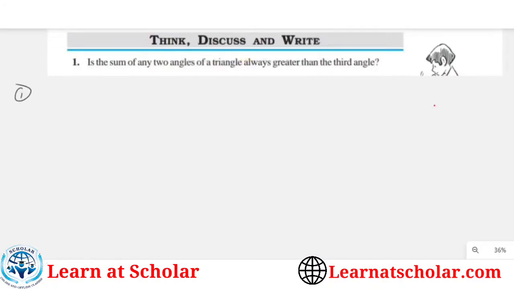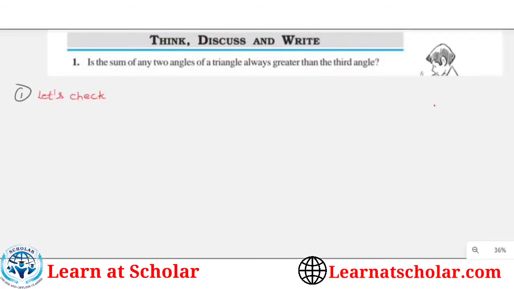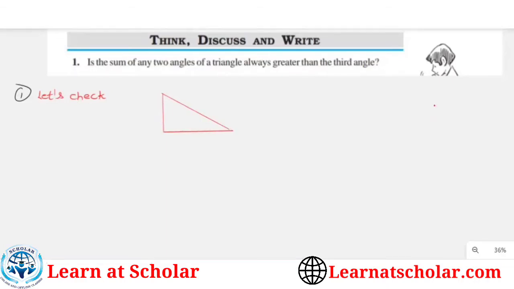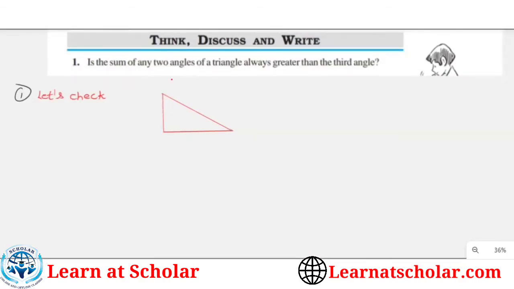Now think, discuss and write. Is the sum of any two angles of a triangle always greater than the third angle? I already told you that you can check by taking different examples. I have drawn a right angled triangle ABC, right angled at B. Suppose the two angles are of 45 and 45 degree.